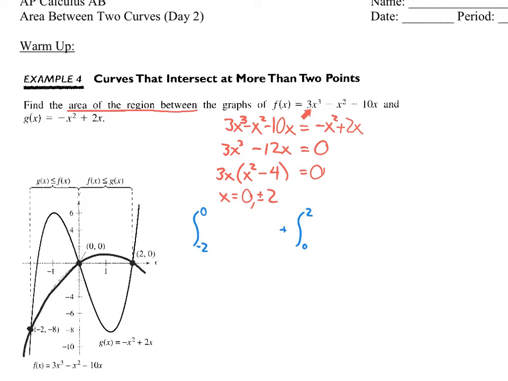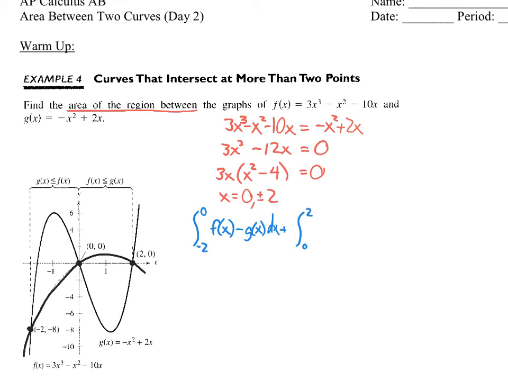If I plug a negative 1 in here, I have negative 3 minus 1 plus 10. Yeah, sorry. So negative 3 minus 1 is negative 4, plus 10 is 6. So 6 is greater than that negative 3, so the f of x is on top. So in this one, I'm going to do f of x minus g of x dx.